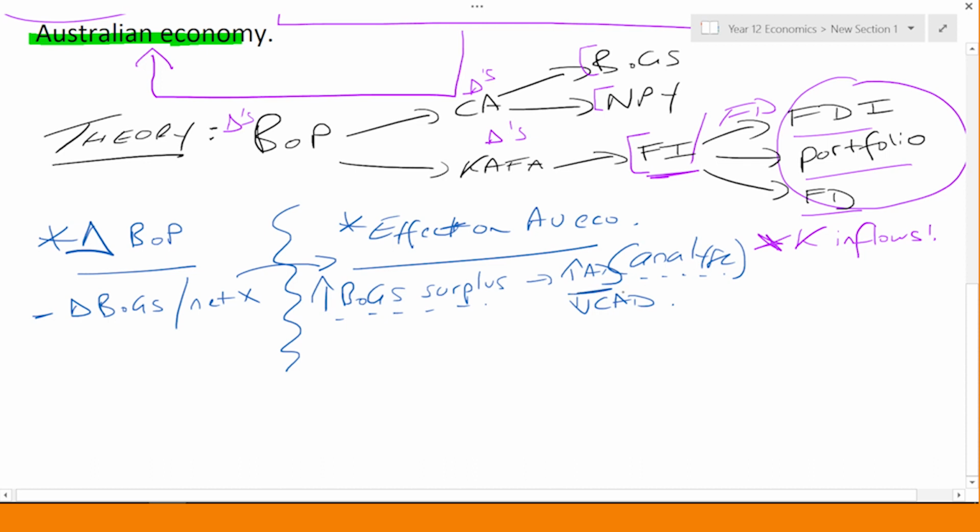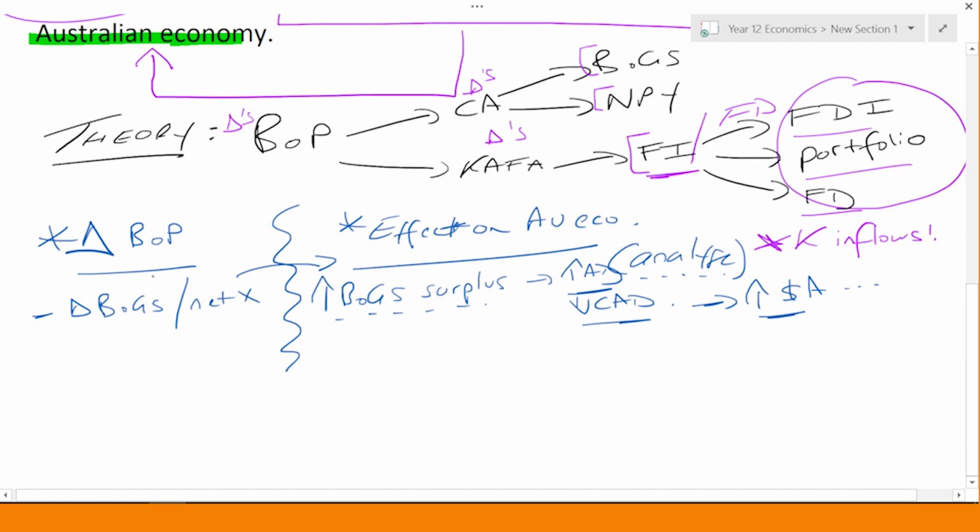This is a stimulus. Net exports are a component of aggregate demand, so that will increase aggregate demand. It could also reduce the size of the CAD because BOGS would be in surplus. So those could be effects on the economy. Maybe that leads to an increase in the Australian dollar, and then you could start to talk about some of the consequences that come from that.